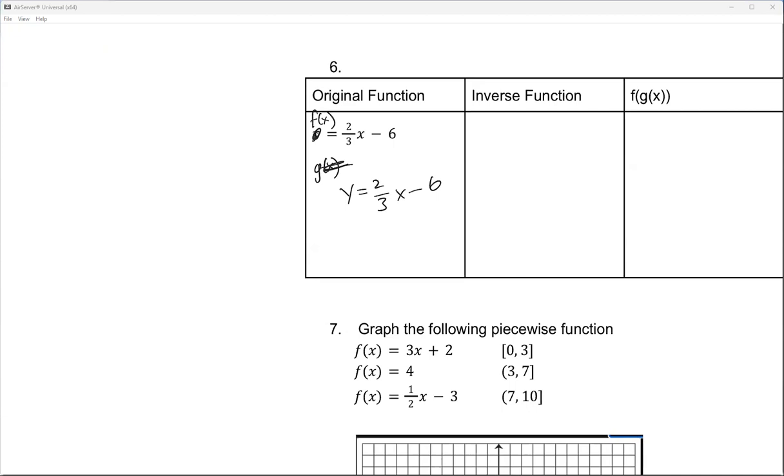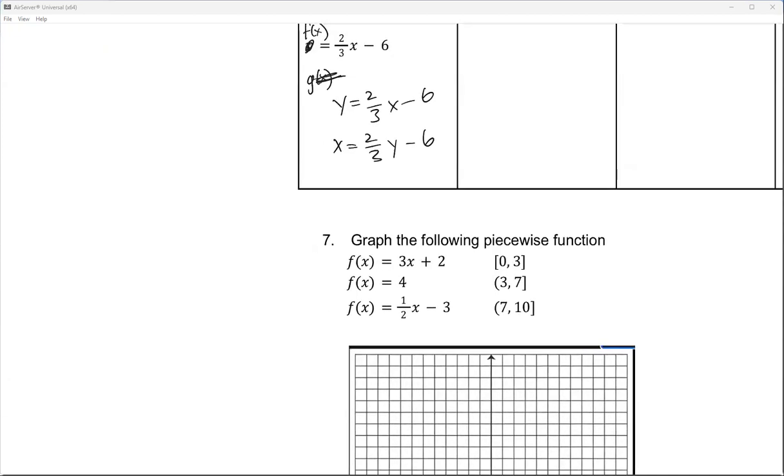Switch the x and the y, which is x is equal to 2 over 3 y minus 6. And then solve for y, right? So add 6 to both sides. So it'll be x plus 6 is equal to 2 over 3 y. Divided by 2 over 3. y is equal to 3 over 2 times x plus 6.